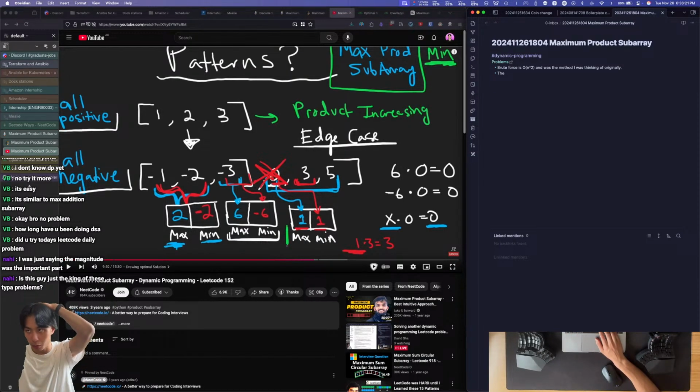Is this an overlapping subproblem? Or is this an optimal substructure? It is definitely an optimal substructure. Overlapping subproblem. Is it an overlapping subproblem?